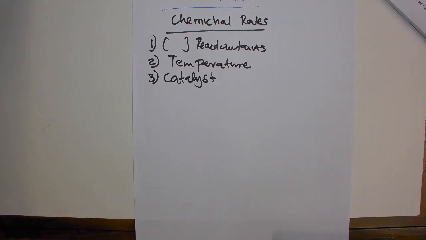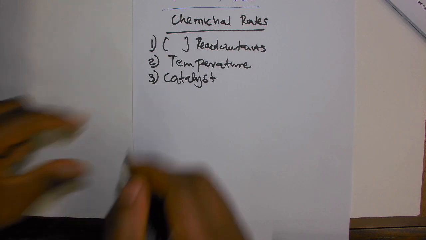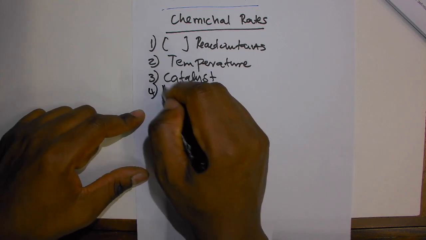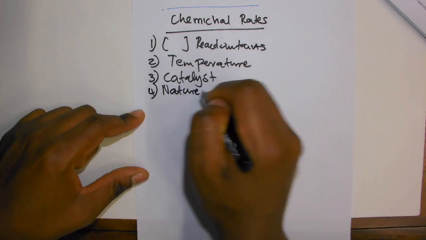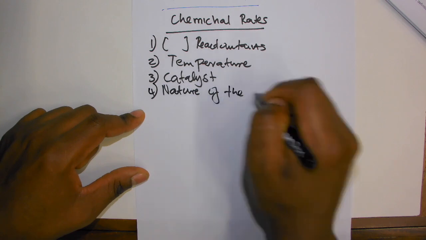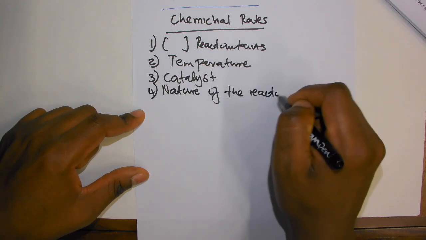And then the fourth one: do you think gases react the same way as solids? Which one reacts faster? So do you guys understand now that we need to say it is the nature of the reactants? So number 4 is the nature of the reactants.